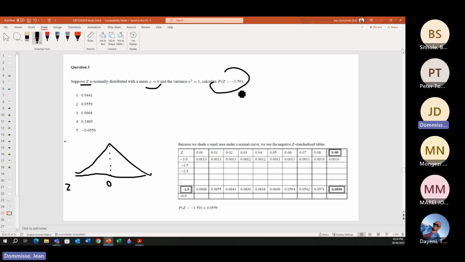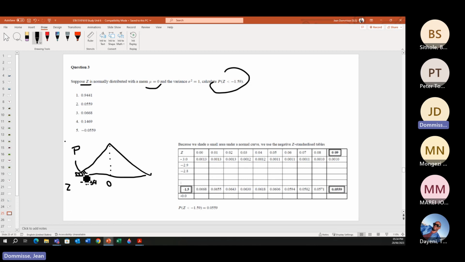They want us to look at the minus 1.59, and then they also tell us that it needs to be smaller than. So basically they're asking us to work out the probability that Z is smaller than minus 1.59.